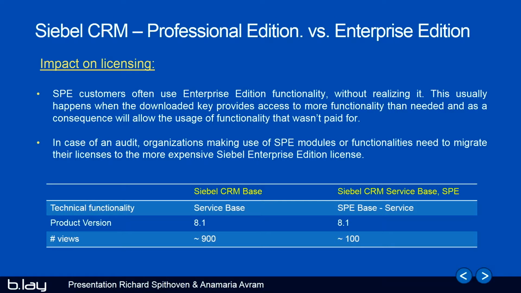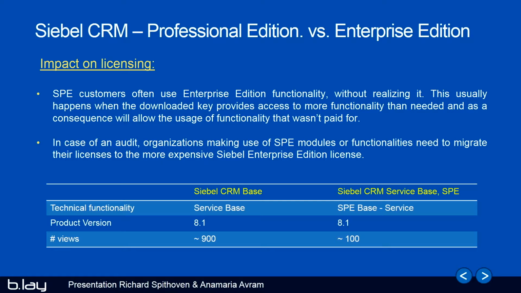In case of an audit, organizations making use of Enterprise Edition modules or functionalities need to migrate all their Professional Edition licenses to the more expensive Siebel Enterprise Edition license.